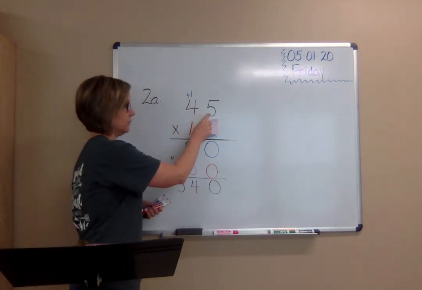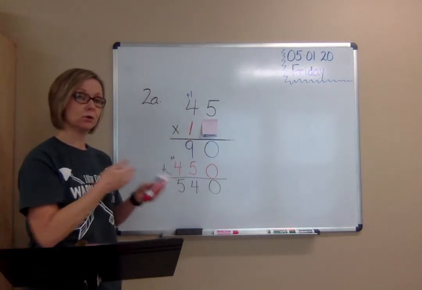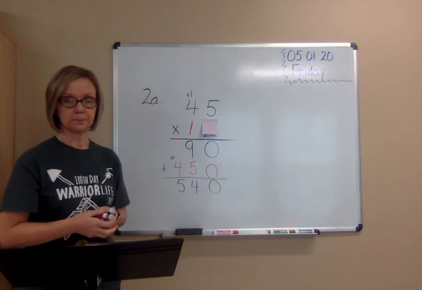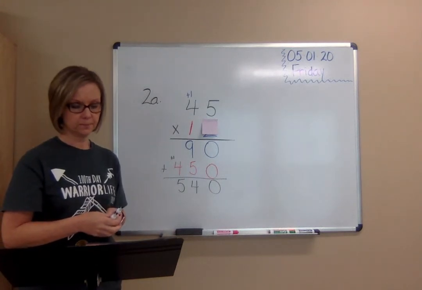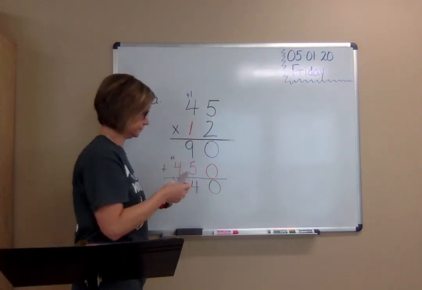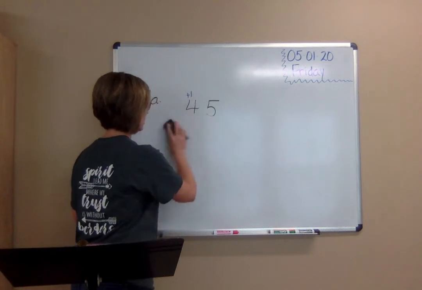Now, if the 1 was here, it'd be 45 times 1. Okay, I got that. But it's moved over to the 10, so we have to put that placeholder there. All right? Let's do one more. You can go ahead and get started, and I'll catch up with you.